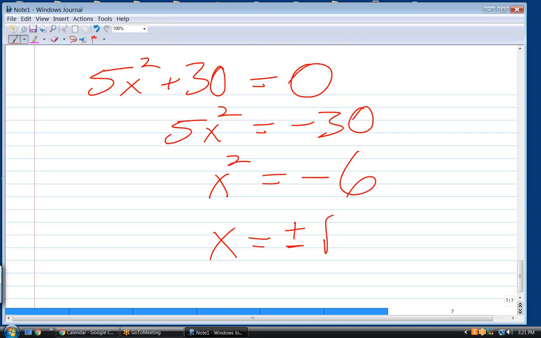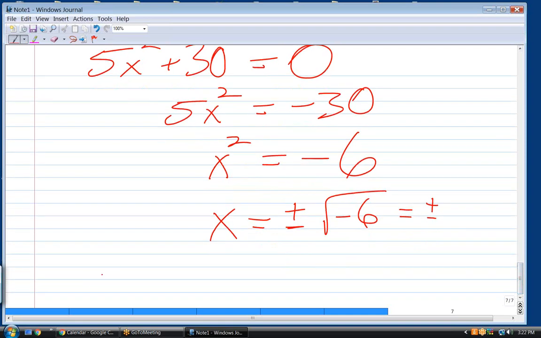So it's this, and then what does that convert to? There's an i. Well, what's the final answer? Plus or minus what? Let me show you how to do this. Square root of minus 6. Whenever you have the square root of a negative number, always turn it into the square root of 6 times the square root of minus 1.